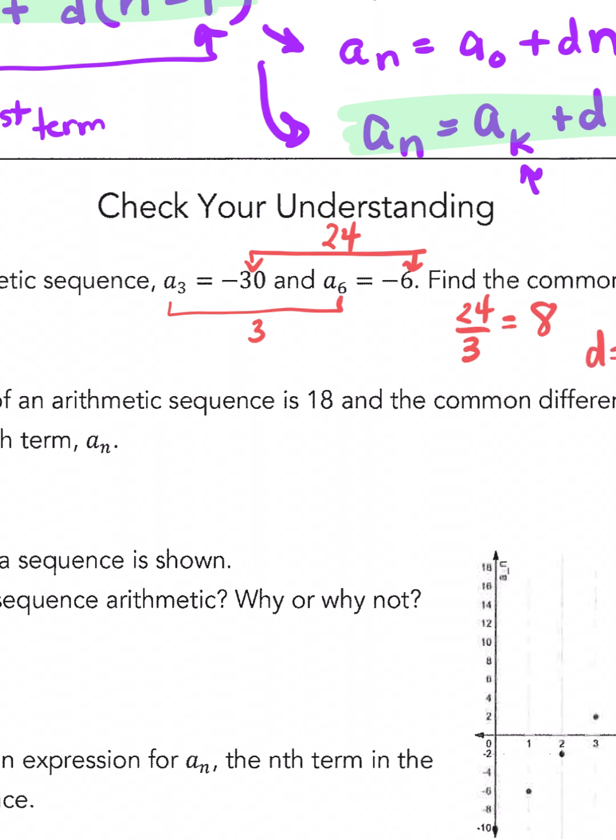Now they gave us the 7th term is 18. The common difference is -5. Write a rule for the nth term. This is right there, isn't it? So are you going to use the first term explicit, or are you going to use the kth term explicit? Okay, so write it. You can do this.